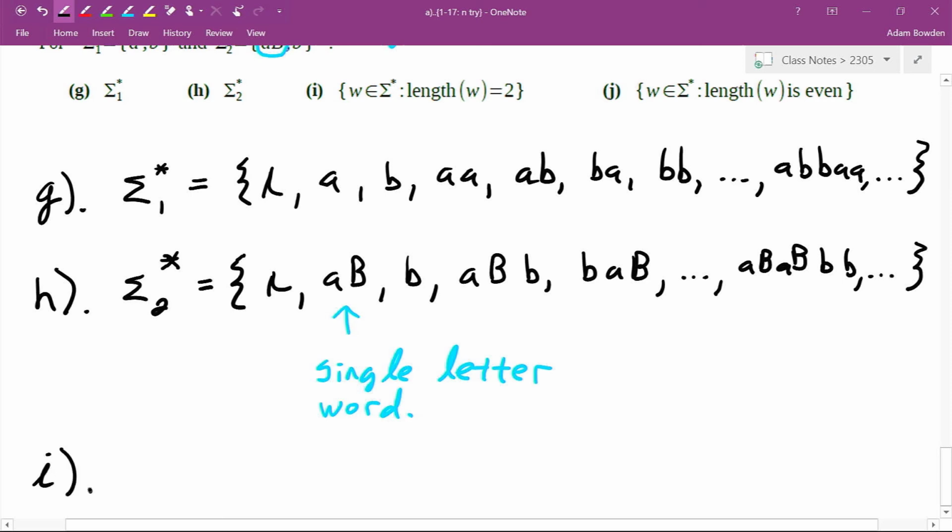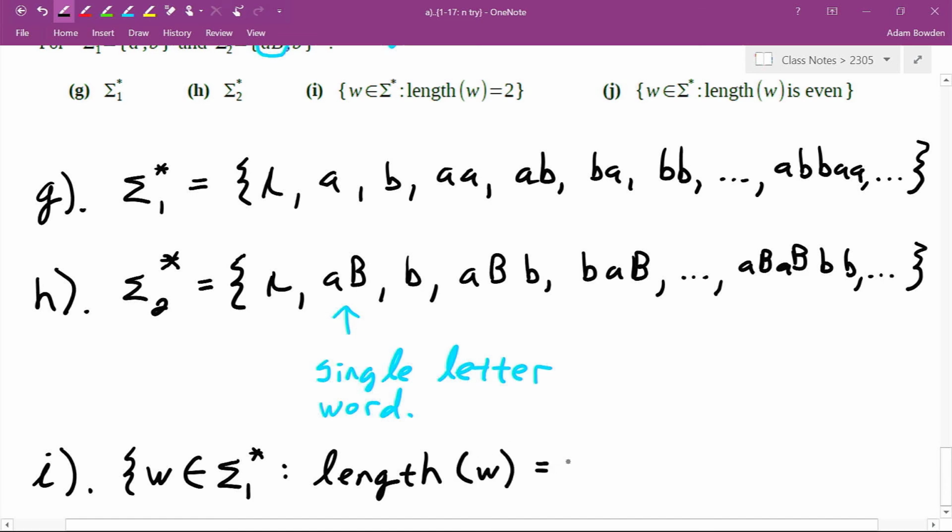Another set that we'll look at is the set of w in sigma 1 star such that the length of w is equal to 2. So how is this going to work? Well, I'm using lowercase w here to stand for any possible word.